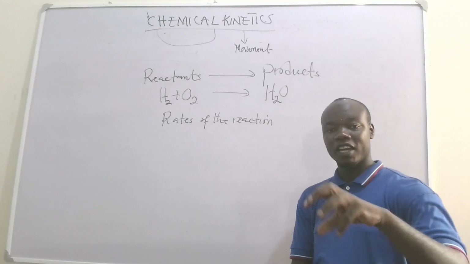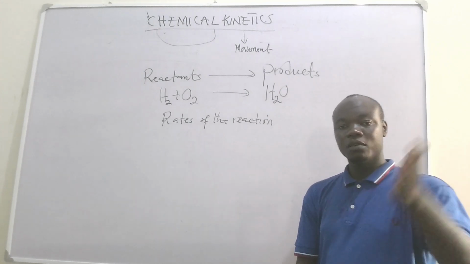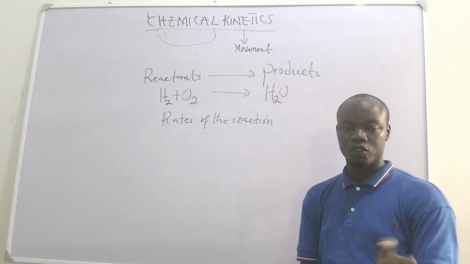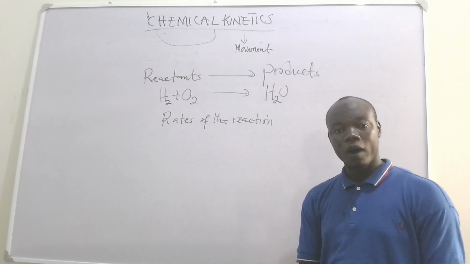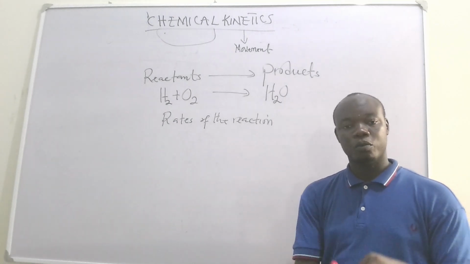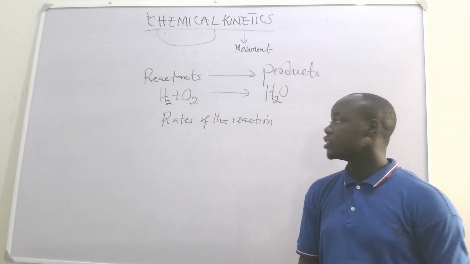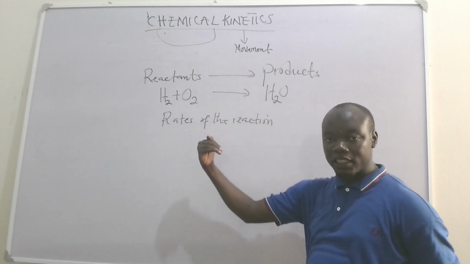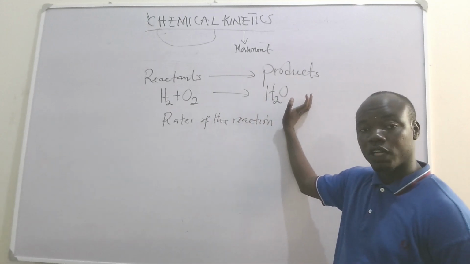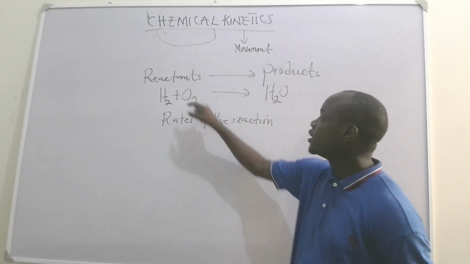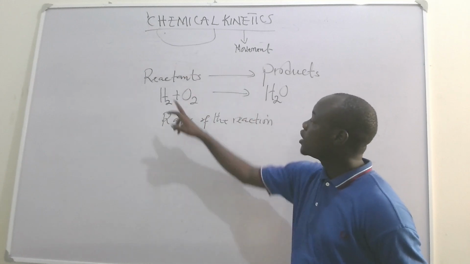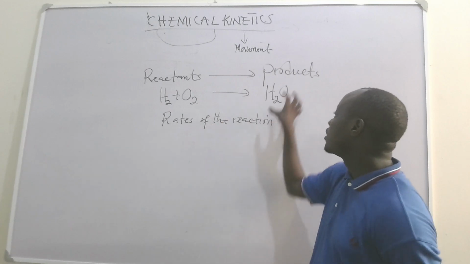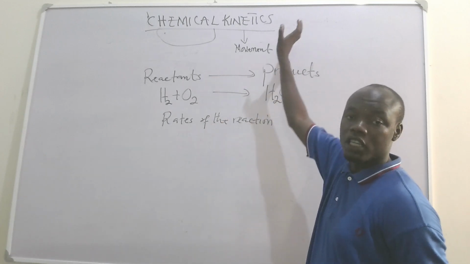In the rate of the chemical reaction, the concentration of the reacting particles is decreasing, while the concentration of the product is increasing. For example, hydrogen and oxygen combine to produce water. So as the reaction proceeds, the hydrogen and oxygen concentration will decrease, while the concentration of water will increase.